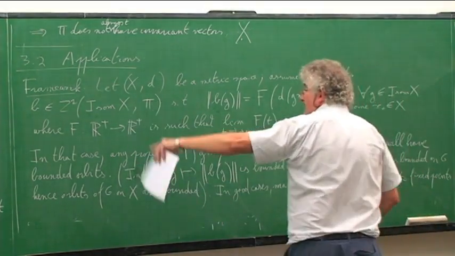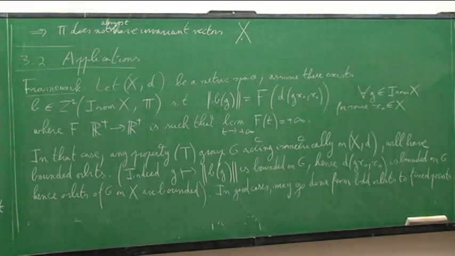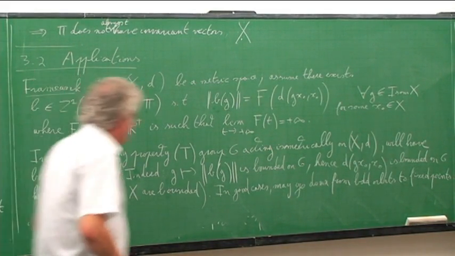Like we did in Hilbert spaces, if you have a lemma of the center, or if you have a barycenter construction, then you may go down from a bounded orbit to a fixed point. And I will give two examples which illustrate this principle.